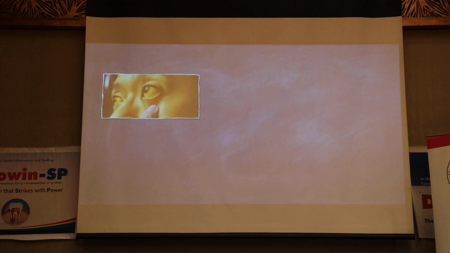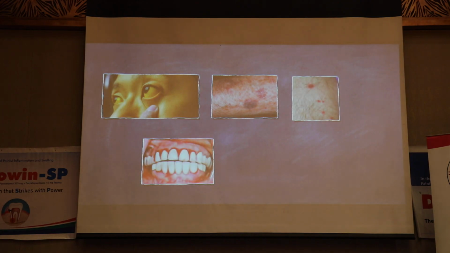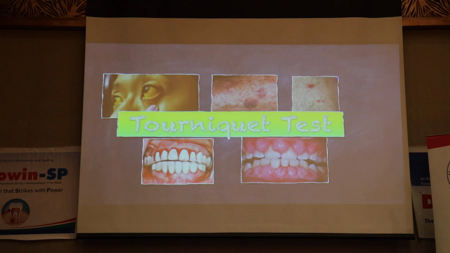We also need to understand these symptoms like jaundice. The patient just comes to your clinic and says I'm absolutely fine systemically. But when we see, on examination, a suspected jaundice, petechiae, ecchymosis, subcutaneous bleeding, more severe gingival bleeding or a severe gingival enlargement, always make a point to ask the patient to do the tourniquet test.